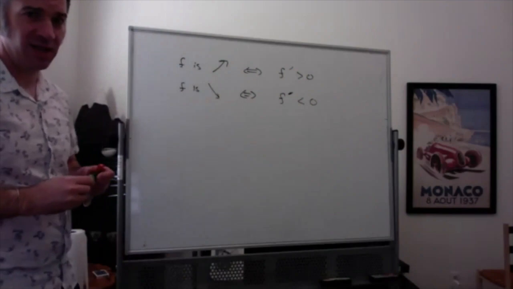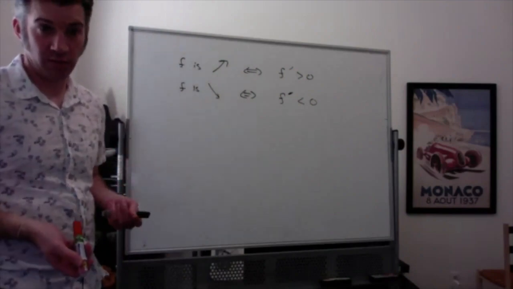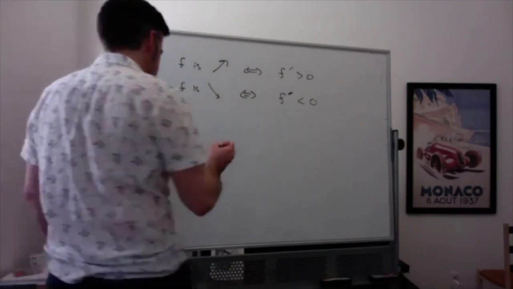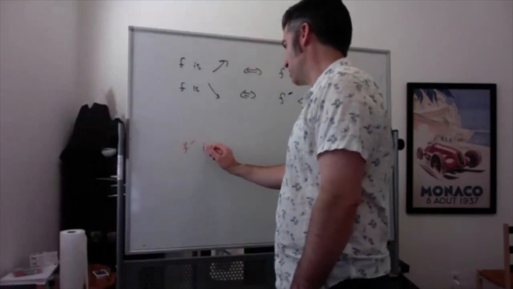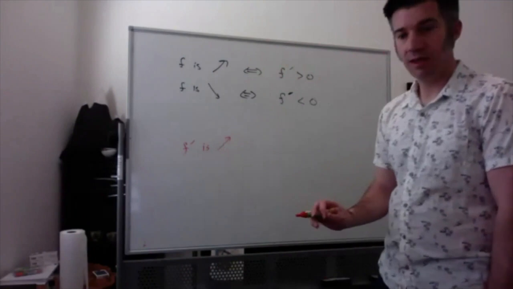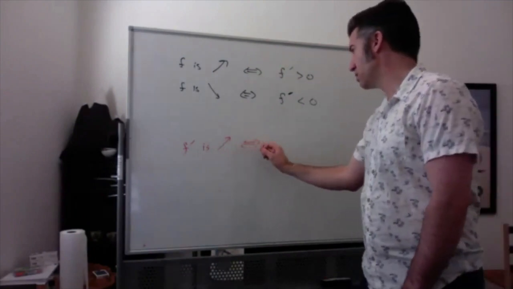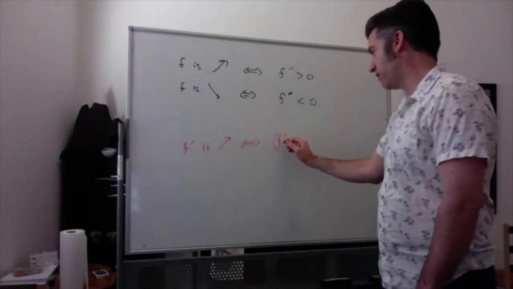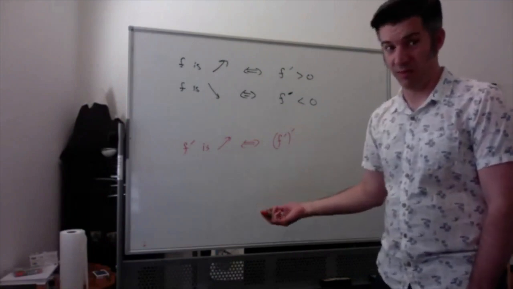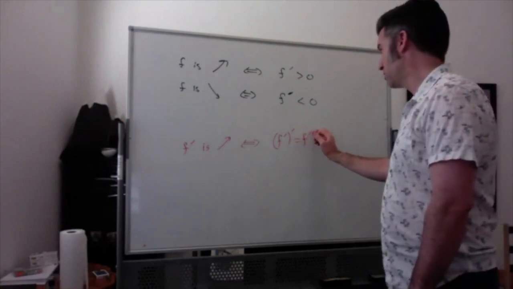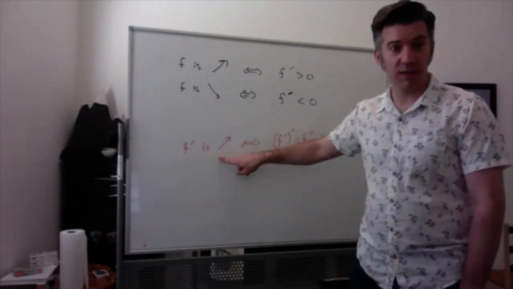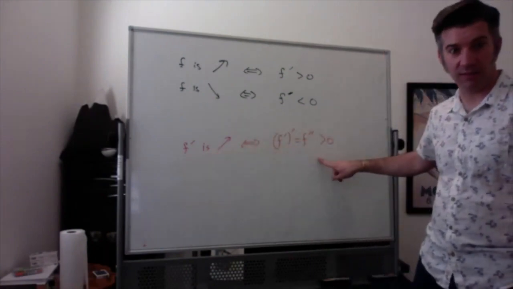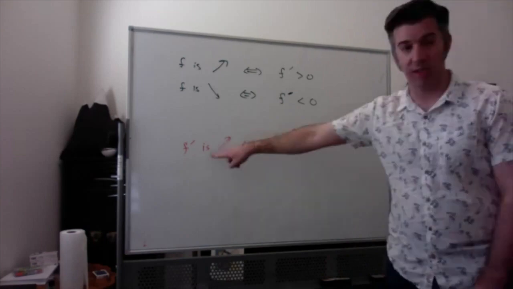Well, we could also say that's true for any function, meaning if f prime is increasing, that's equivalent to the derivative of f prime, which is f double prime, being positive, right? For a function to be increasing, its derivative has to be positive. And for the derivative to be positive, the function has to be increasing.